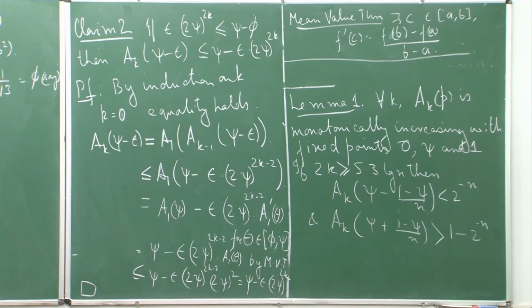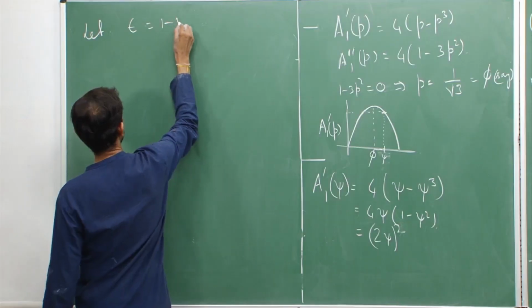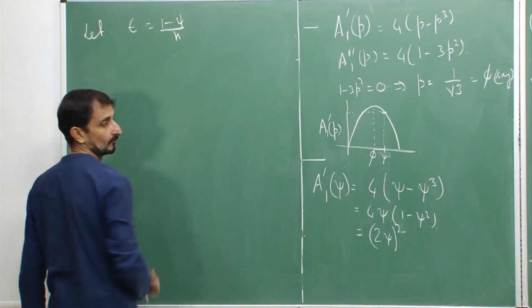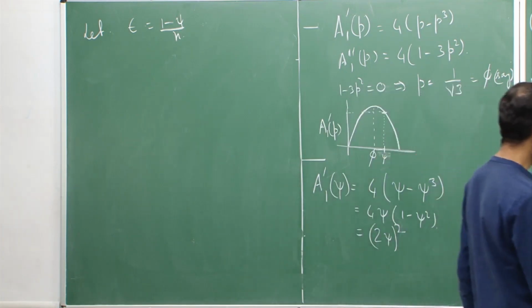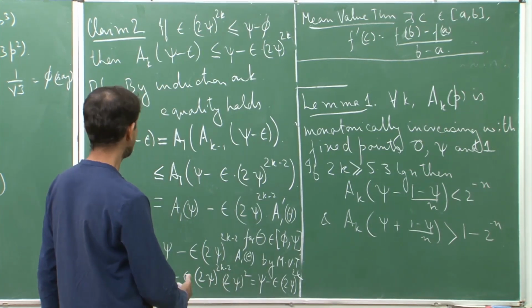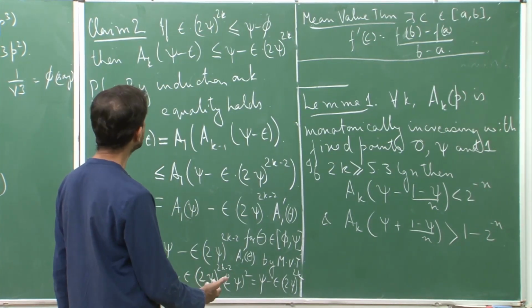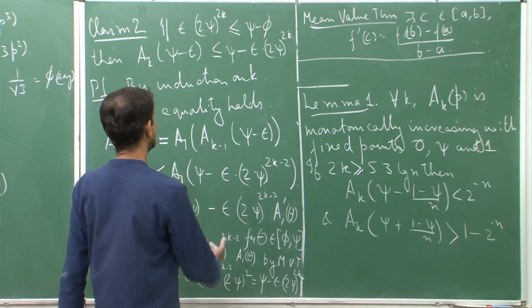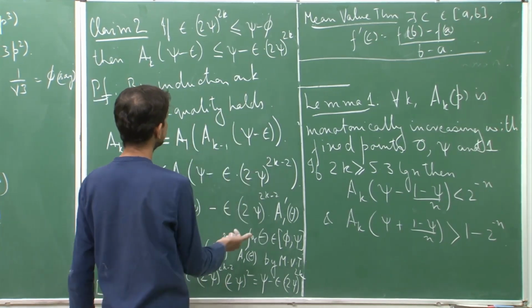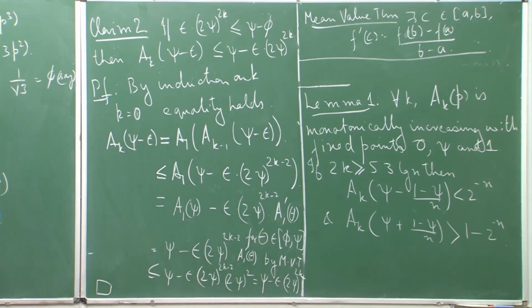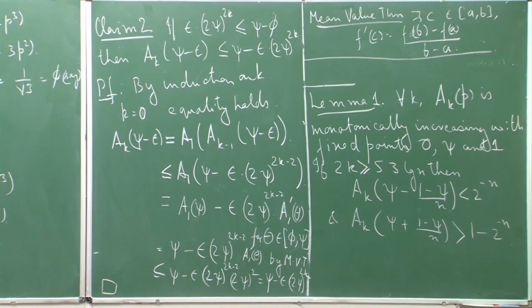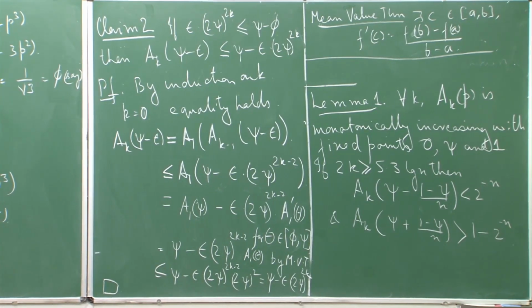So, I will choose epsilon to be 1 minus psi over n, and on the right hand side I want it to be bounded by this log n thing.